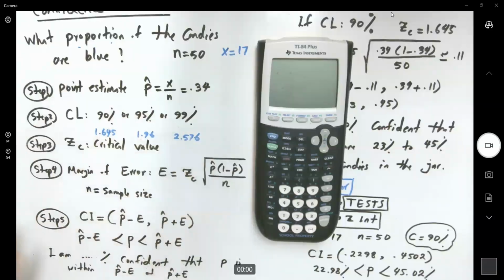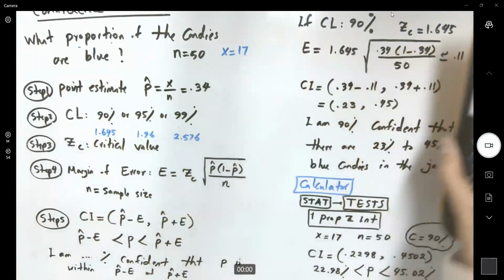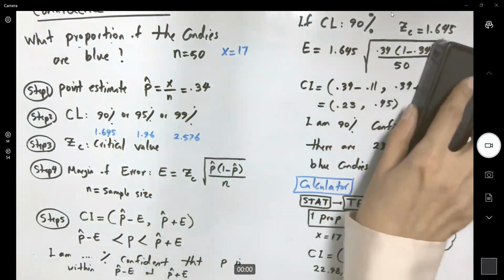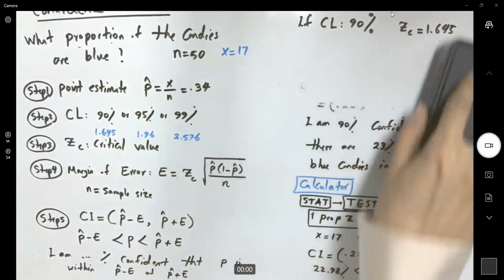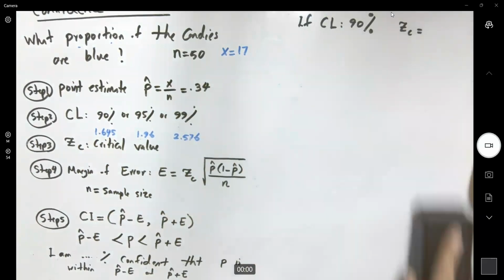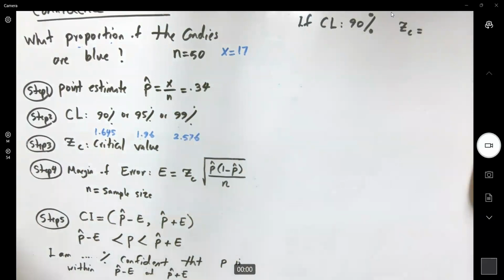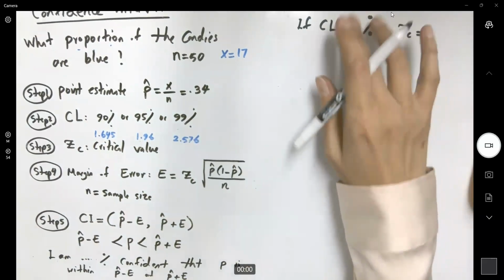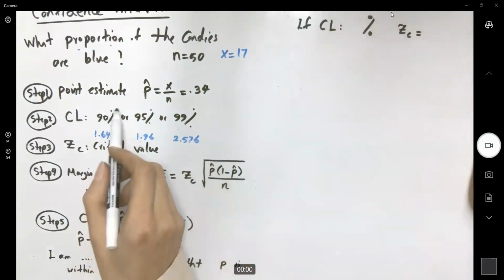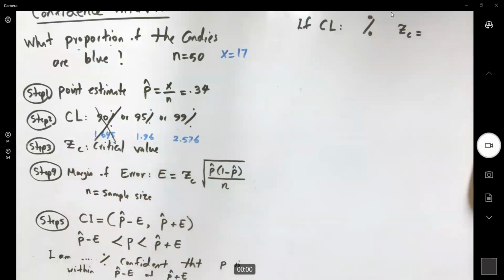So let us repeat what we did for our blue candies when we changed the confidence level to 95%. Very good. So we're going to repeat all of these steps and find the confidence interval. So now suppose you moved to the next confidence level. We calculated a 90% confidence interval.